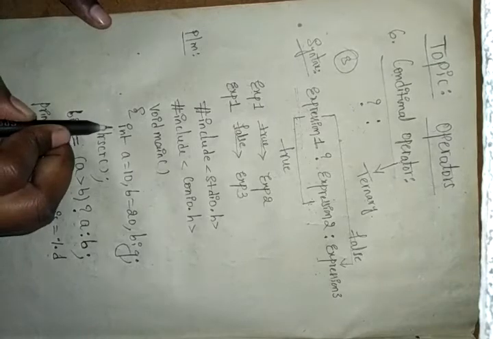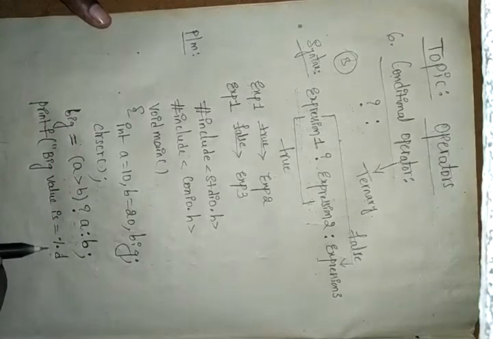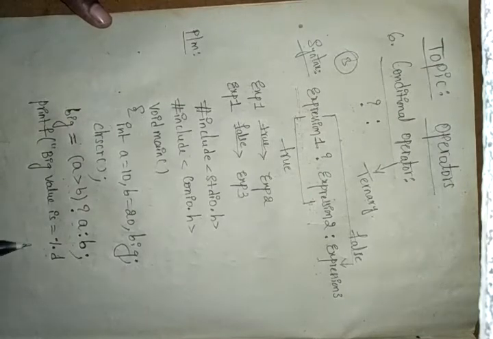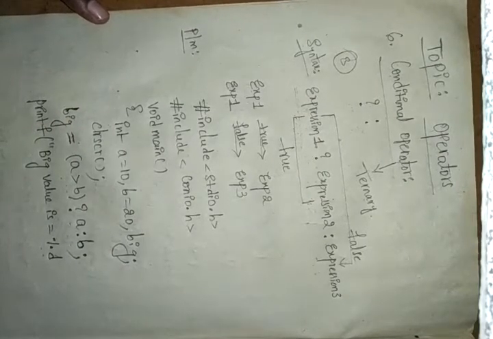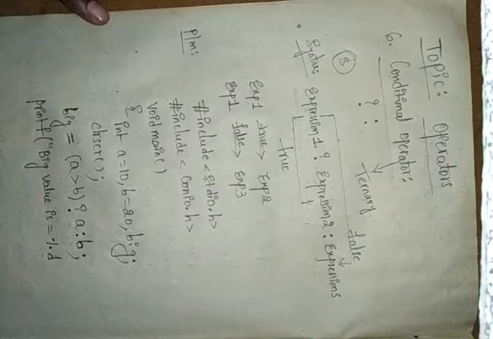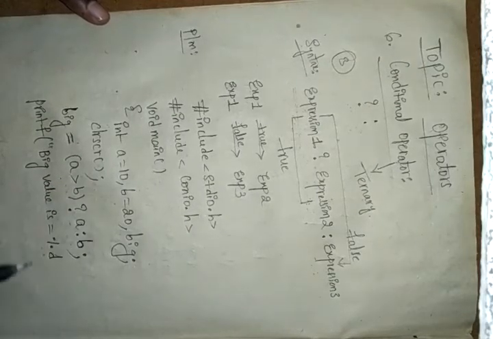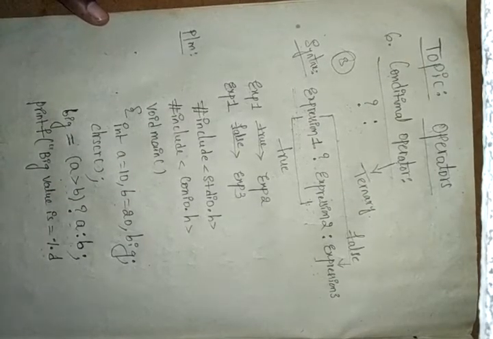If you are taking float, you have to take percentile f. If you are taking string format, percentile s. So whatever data type you are taking, our specifiers depend on our data type. Here I am taking int, so that's why I am choosing percentile d. We only have numbers, we don't have any characters or floating points. So that's why I took percentile d. It is a specifier for our data type.